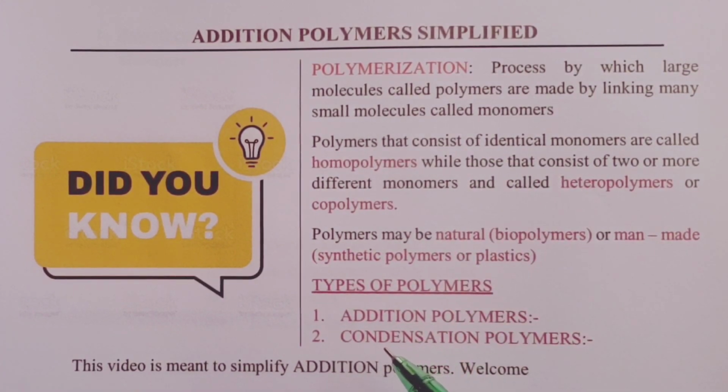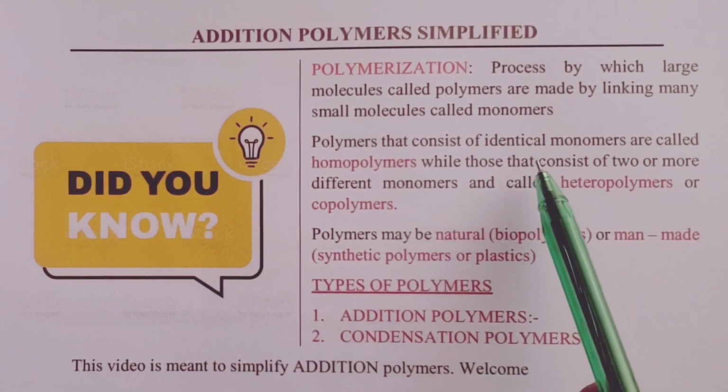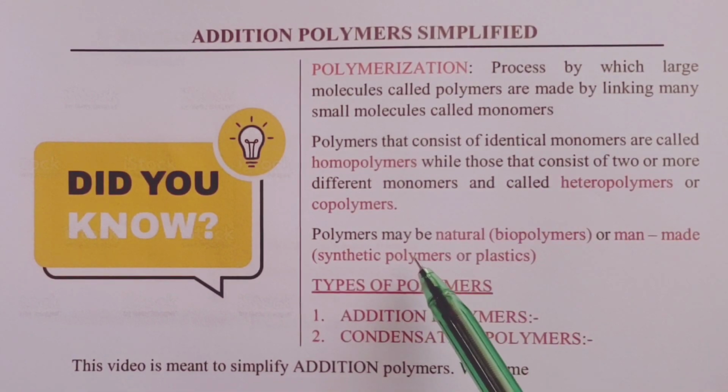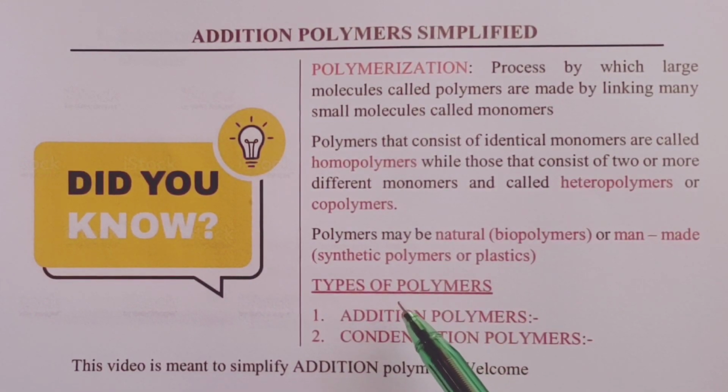We give you some additional information here about polymers. Polymers that consist of identical monomers are called homopolymers, while those that consist of two or more different monomers are called heteropolymers or simply copolymers.